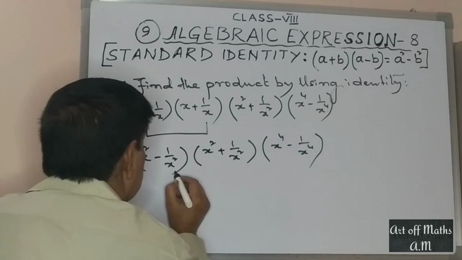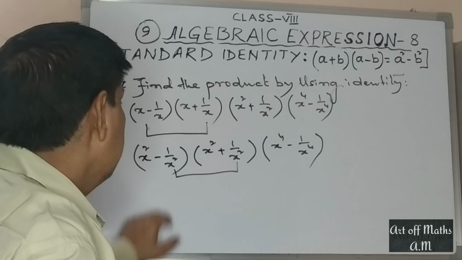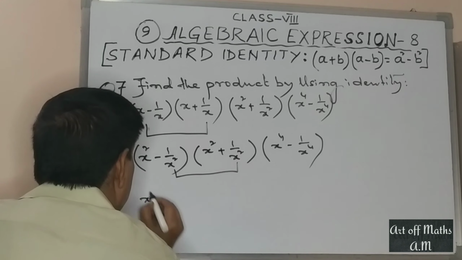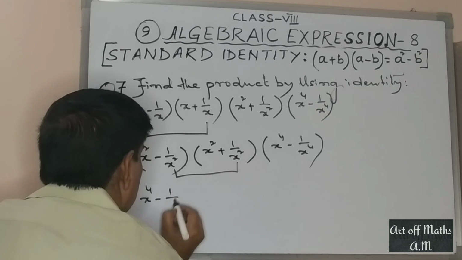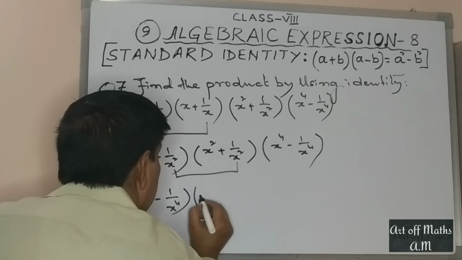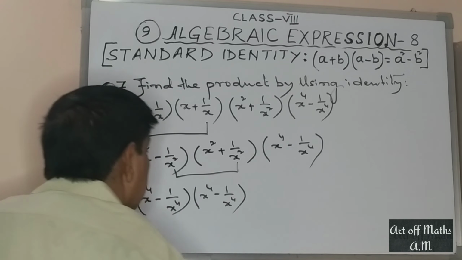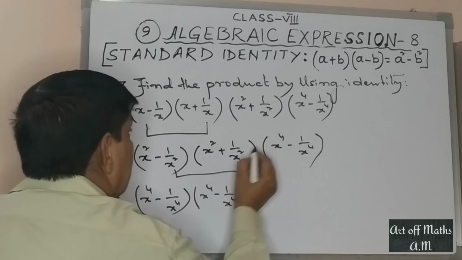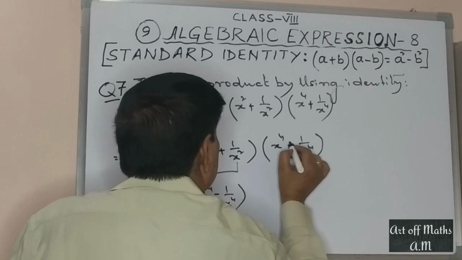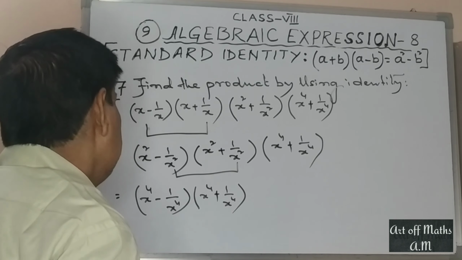From these two again we get (a plus b) into (a minus b), that means x to the power 4 minus 1 by x to the power 4, and the remaining is x to the power 4 plus 1 by x to the power 4.